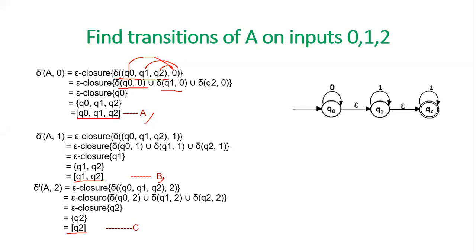All of you try to work out and let me know. Yes, ma'am, same. Okay. B comma 0 and 1 is null. C comma 2 is Q2, which is C. Okay.